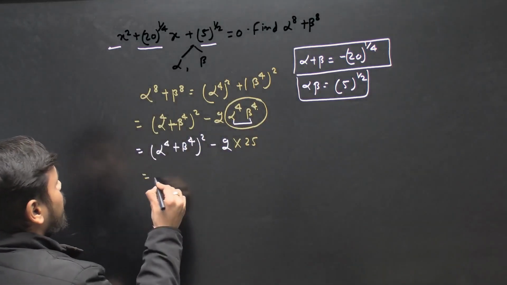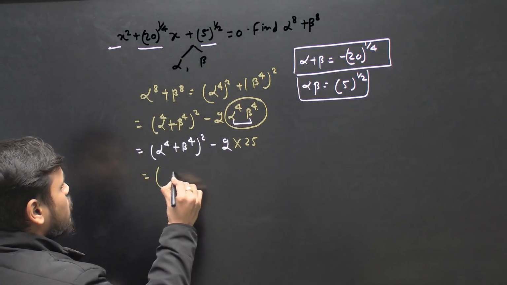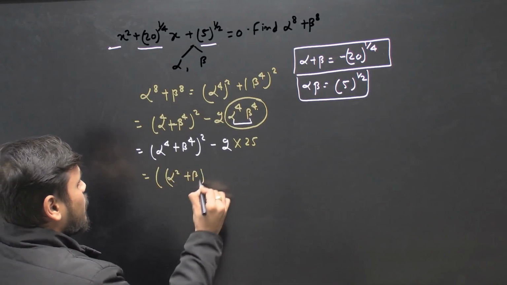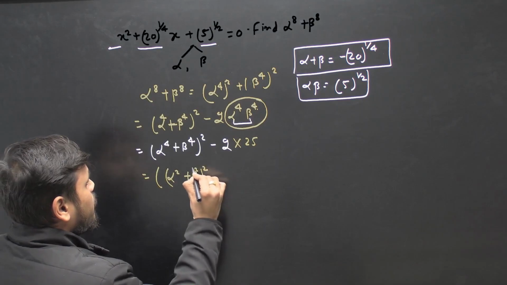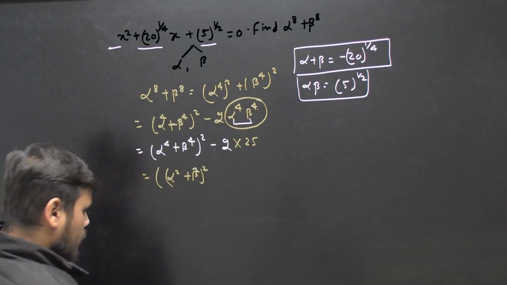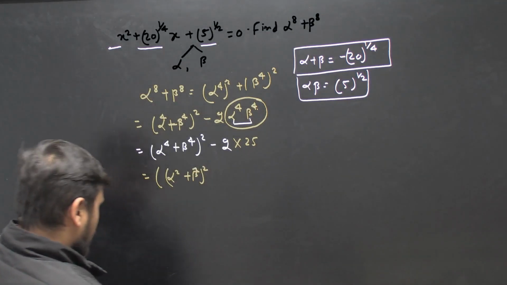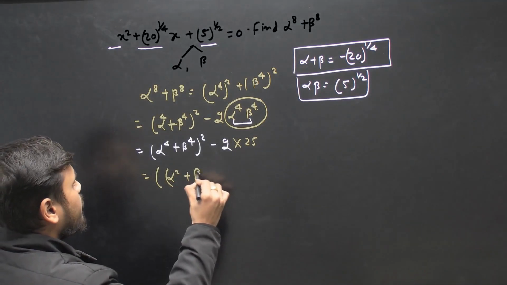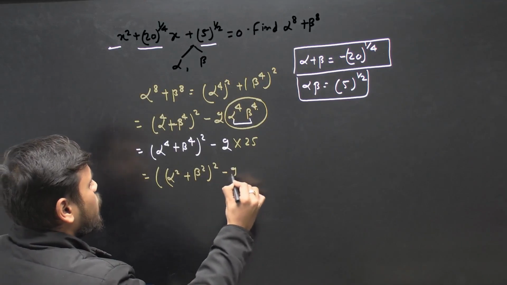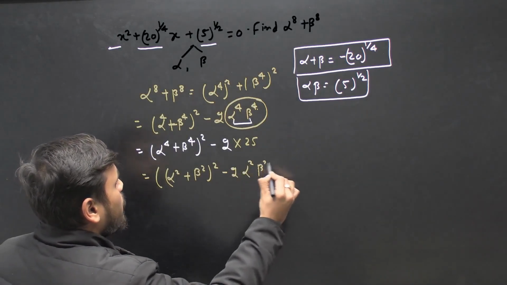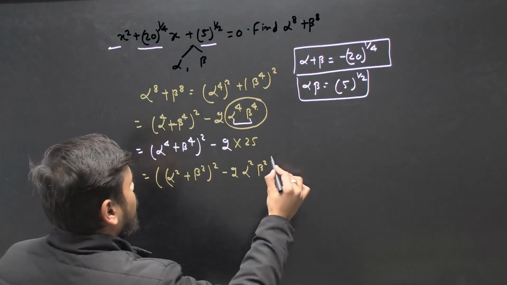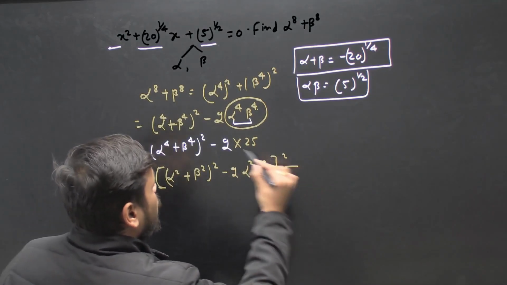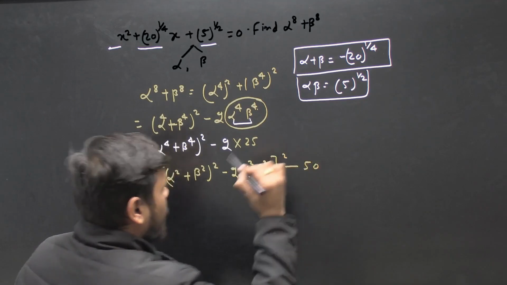Alpha raised to power 4 plus beta raised to power 4 can be written as alpha square plus beta square whole square minus twice of alpha square into beta square, and minus 2 into 25, which is 50, right?